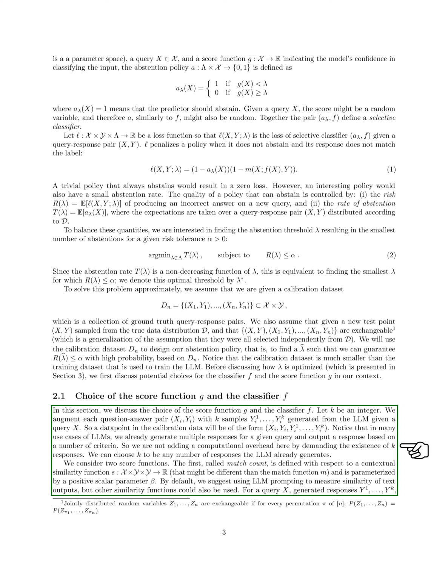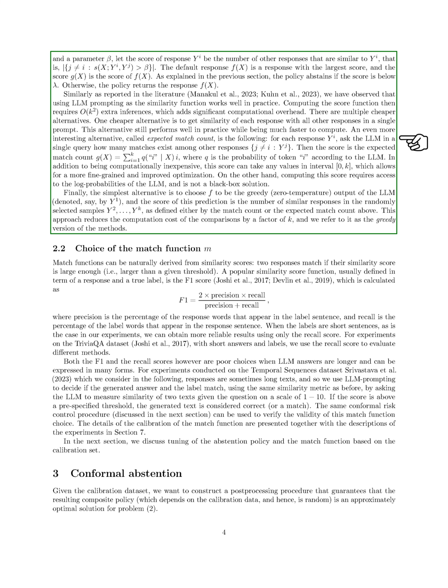The first one, called match count, is based on a contextual similarity function S and a positive scalar parameter beta. By default, we recommend using LLM prompting to measure text similarity, but other functions can also be used. For a query X and generated responses Y_1, ..., Y_K, the score of response Y_i is the count of other responses similar to Y_i based on the parameter beta.